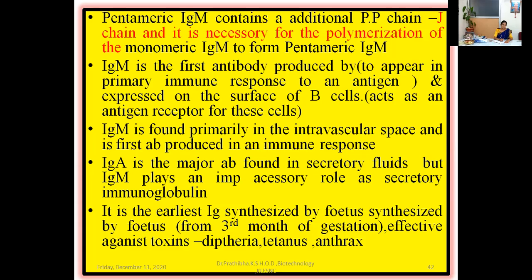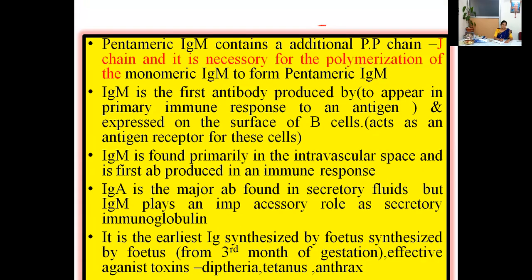IgA is the major antibody found in secretory fluids, but IgM plays an important accessory role as a secretory immunoglobulin. It is the earliest immunoglobulin synthesized by the fetus, during the third month of gestation, and is effective against toxins like diphtheria, tetanus, anthrax, and many more.